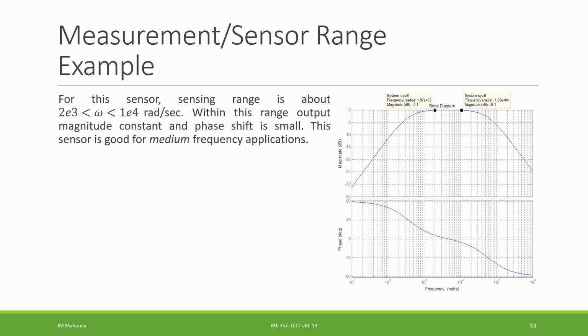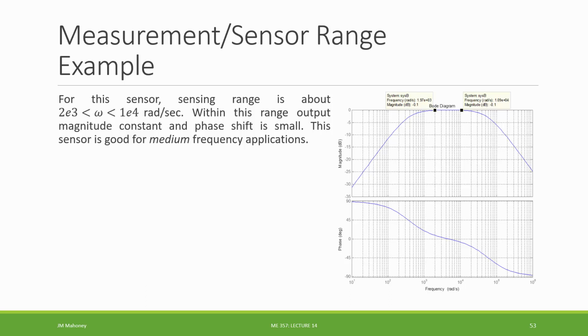So with this sensor, if we have a low frequency application, we don't necessarily know exactly how the magnitude is going to relate. So it's not going to be good for low frequency applications. And we have the same problem for high frequency applications. The magnitude keeps changing as the frequency changes.